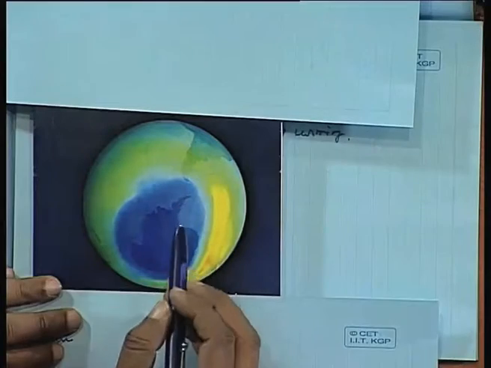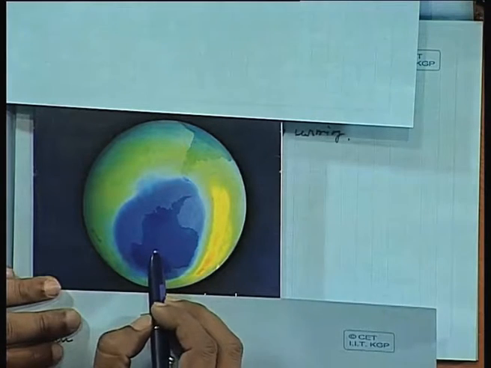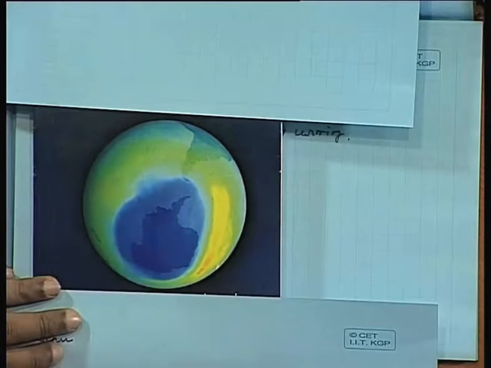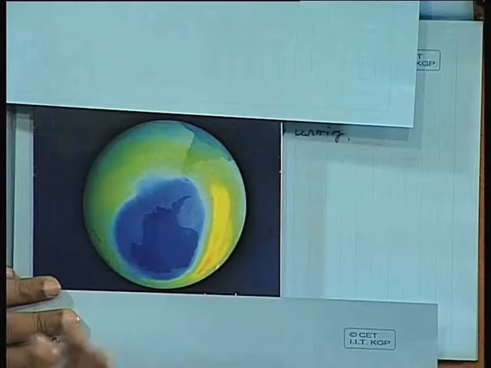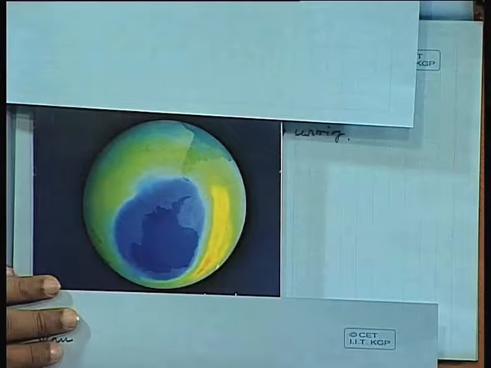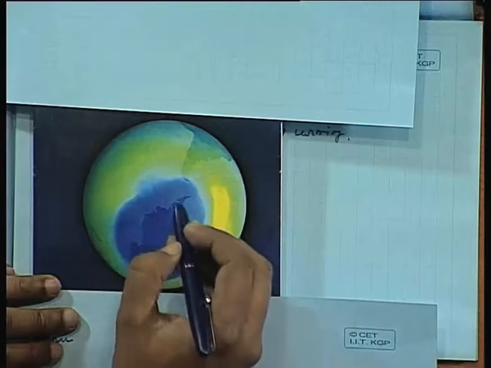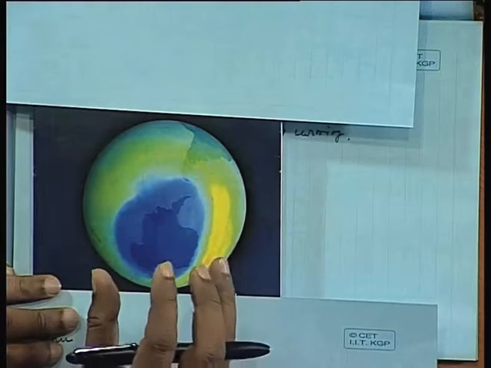Now this is a global worldwide effort, and as you can see, the result of that was the Montreal Protocol. The Montreal Protocol identified that this ozone hole has to be stabilized, or reduced as much as possible. Even today it is observed that the ozone hole is generally shrinking.